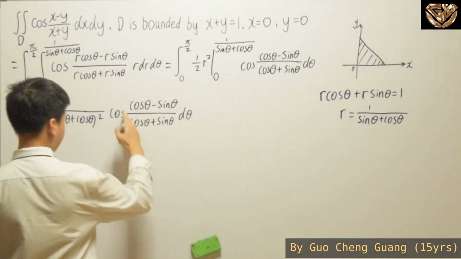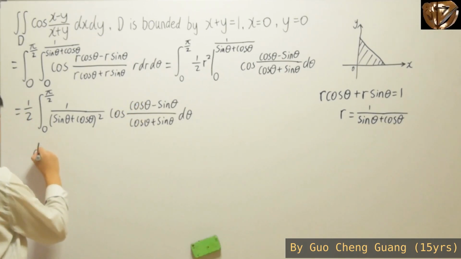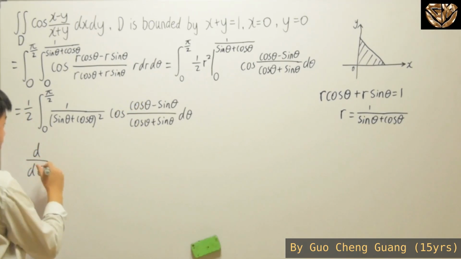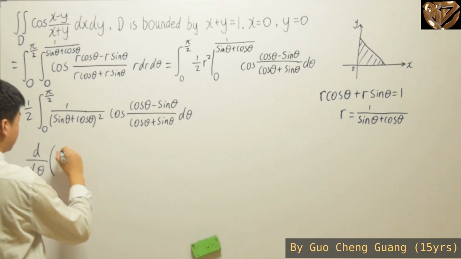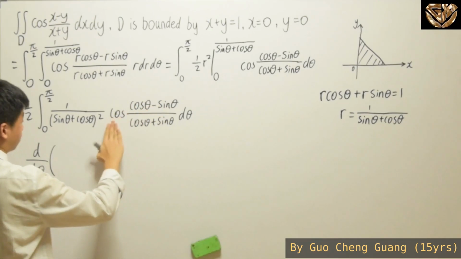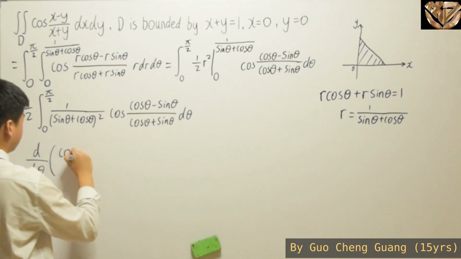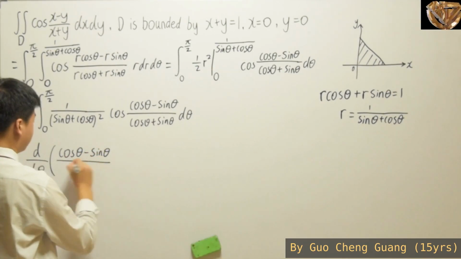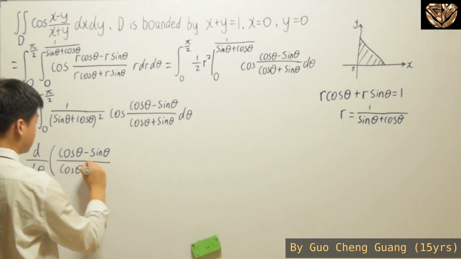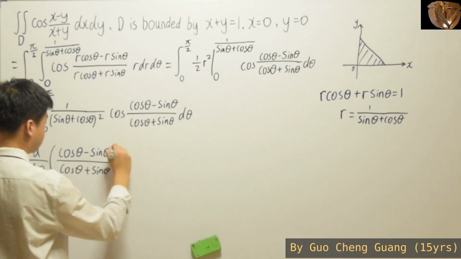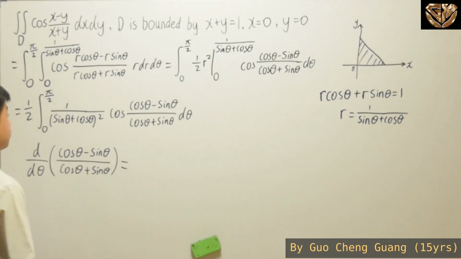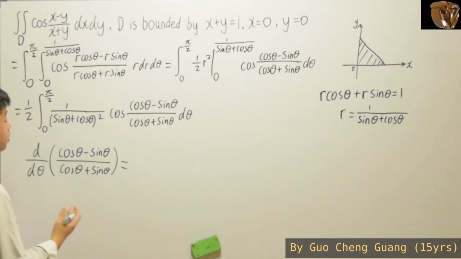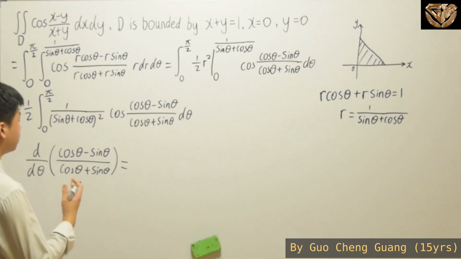Let's differentiate whatever's inside here, d by d theta. We do not include the cosine, so we just have cosine theta minus sine theta over cosine theta plus sine theta. If you have learned differentiation, you would straight away use the quotient rule.